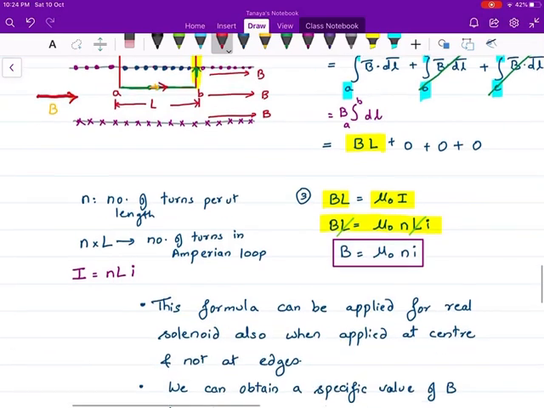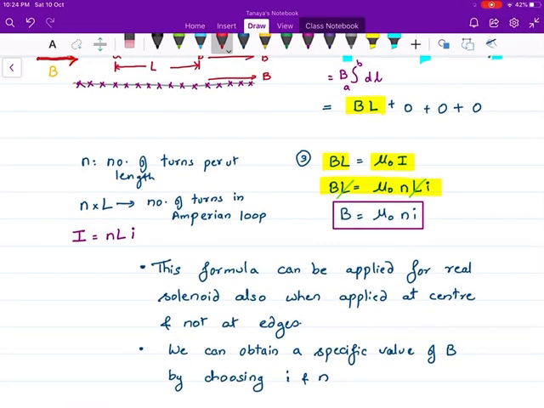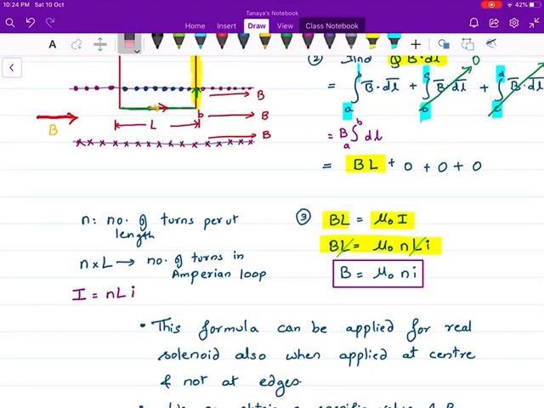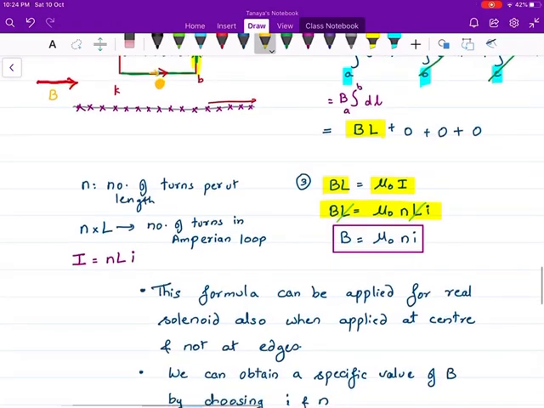Okay, so this formula is for ideal solenoid, is it not? We have derived it for ideal solenoid because we have considered the magnetic field outside the solenoid to be 0. But we can apply this formula for real solenoid also, provided we are using it at the center. At the center means over here. If we are finding the magnetic field at the center of the solenoid, at this particular place, yes, we can use this formula.